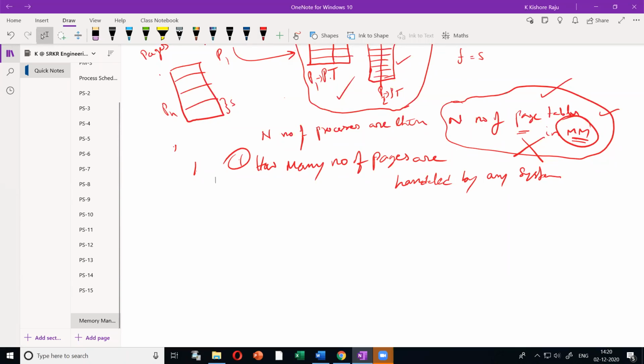I am asking the same thing, how many number of pages can I handle? However many frames there are, that many pages, right? Is it correct or not?